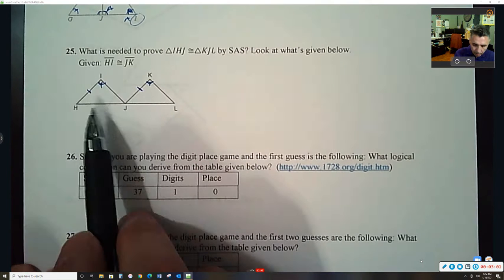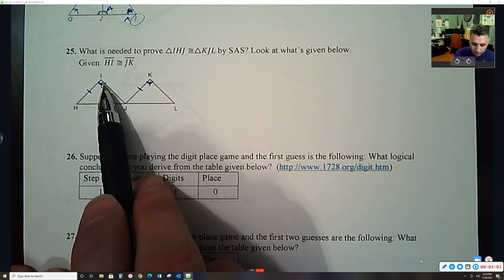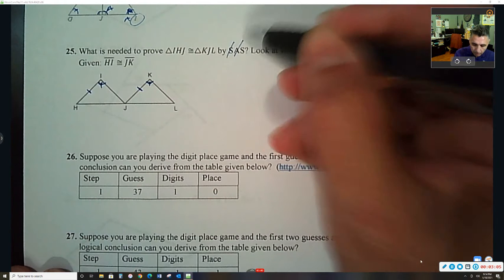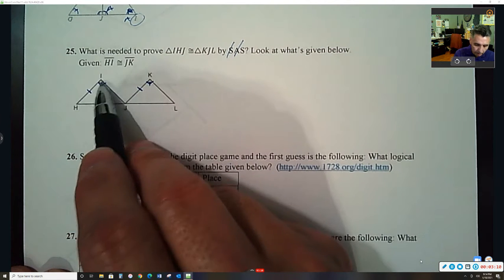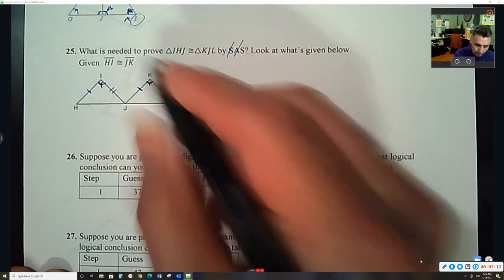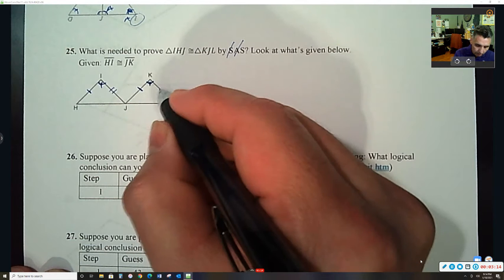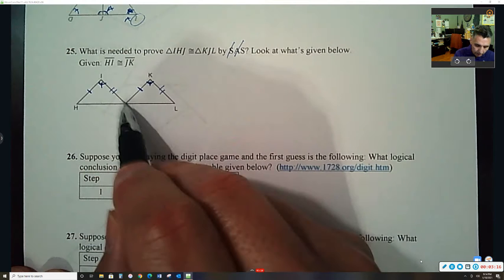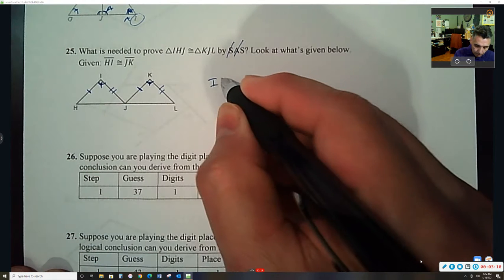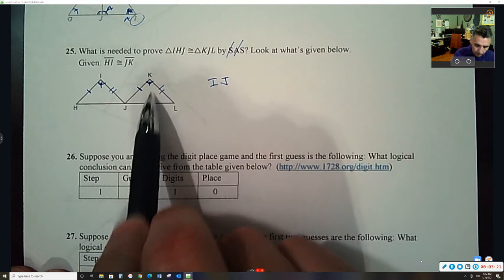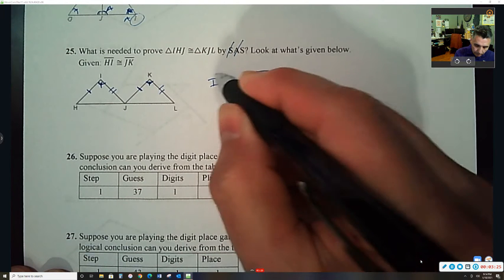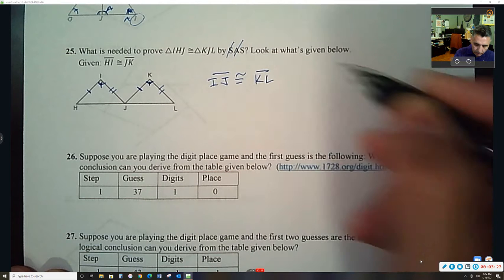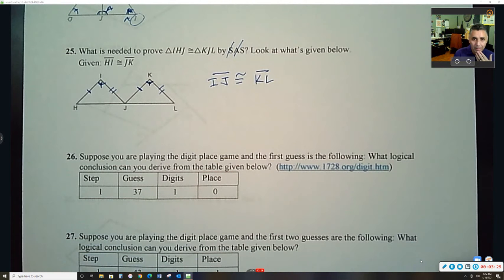So right now what we have is side, angle. What we need is another side. So it would be side, angle, side. So we need IJ congruent to KL. That's the other piece of information we need.